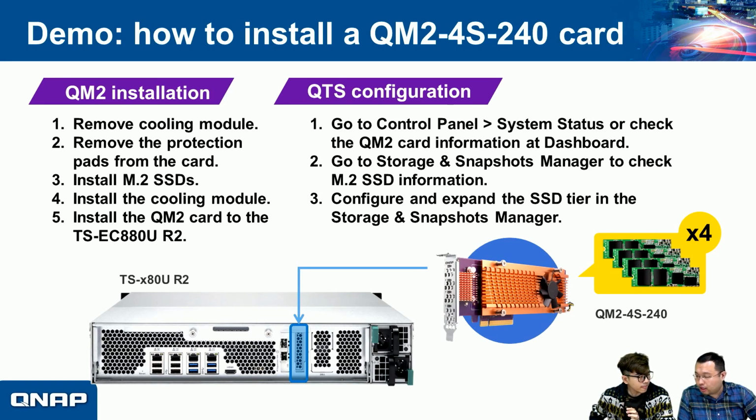Mostly the recommended versions are the NAS like the TVS series, because they are longer and have more space to install it. Also on some of our bigger NAS models, such as the 82 series and the 77 series, you can install the 4-port QM2 on PCI slot number 1, which has longer space. Let's switch to the live demo.